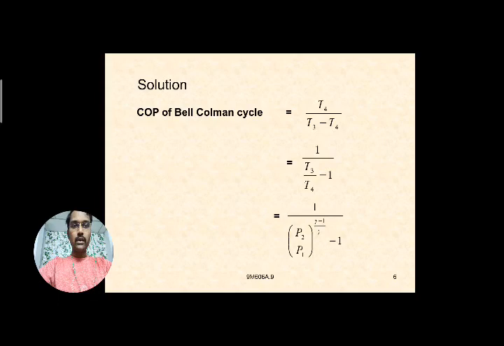Here we have seen the derivation of the COP of the Bell-Coleman cycle, that T3 by T4 is equal to (P3 by P4) whole to the power of (gamma minus 1) by gamma. Here you can see that P3 is equal to P2, as it is a constant pressure process.